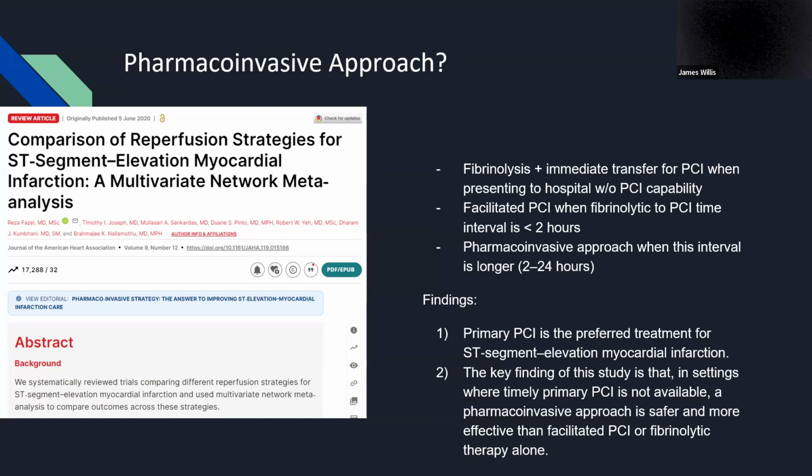If it takes more than 2 hours, that's called a pharmacoinvasive approach. This study found that primary PCI is the standard of care, but if timely PCI is not available, then the pharmacoinvasive approach is safer and more effective than facilitated PCI or fibrinolytic therapy alone.